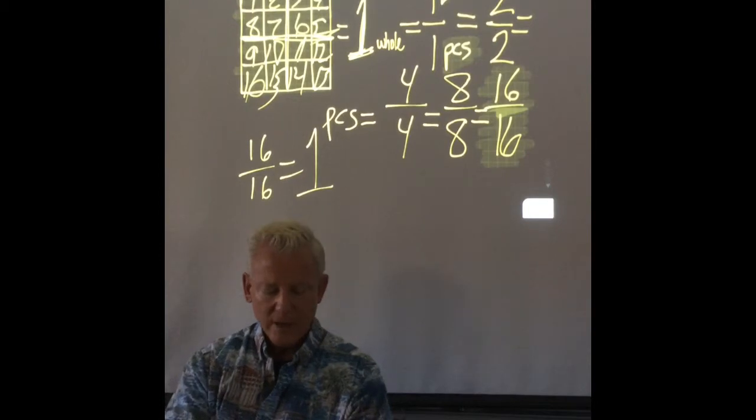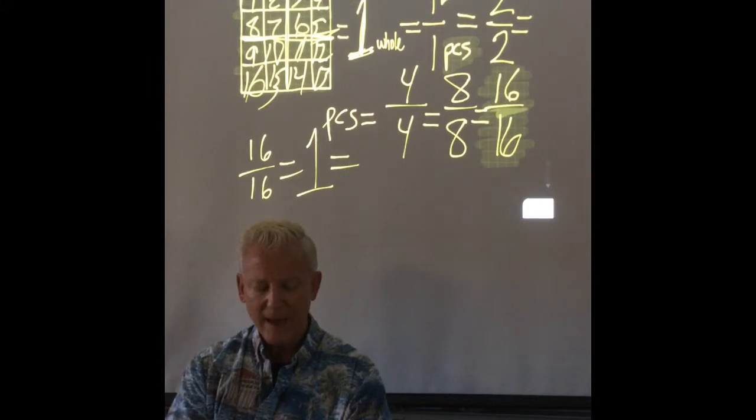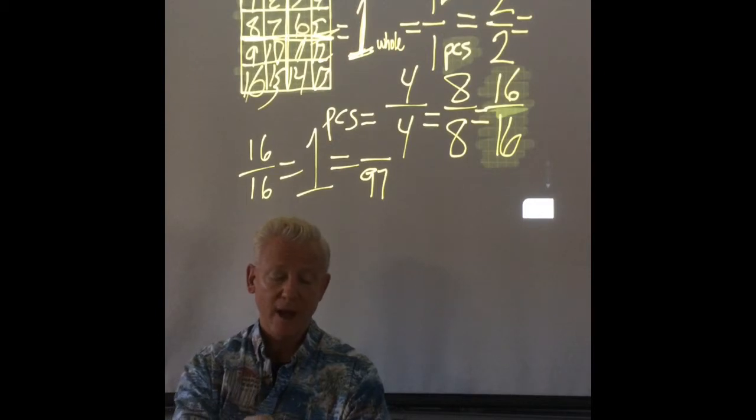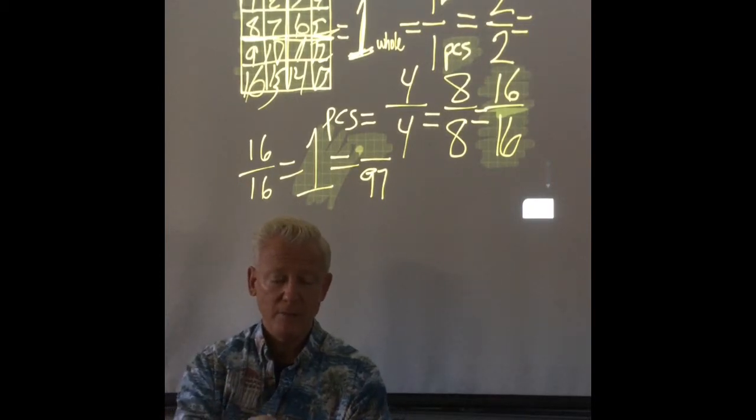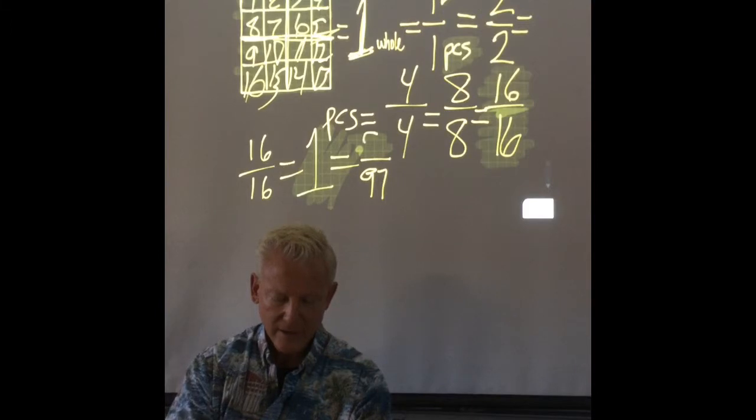So let's just use our brain a little bit and say, what if I had 97 on the bottom? What would I have to put on the top to make this equal to 1? Go. 97. 97 is right.